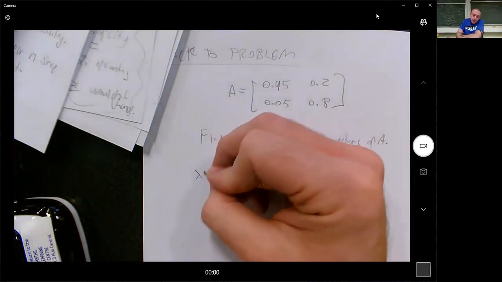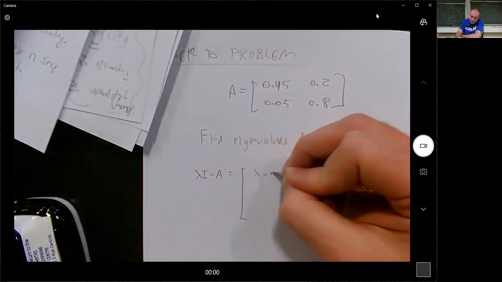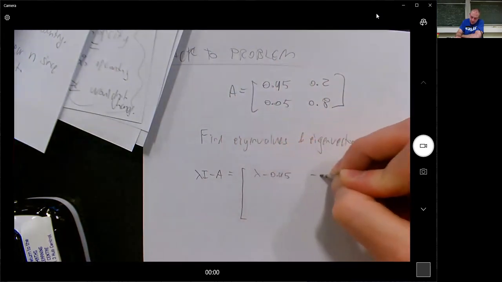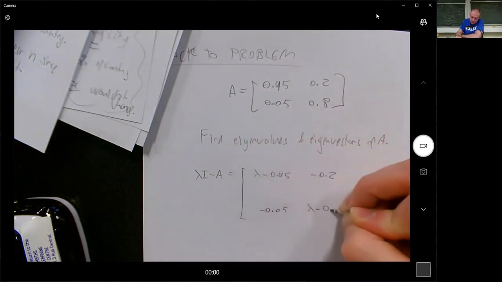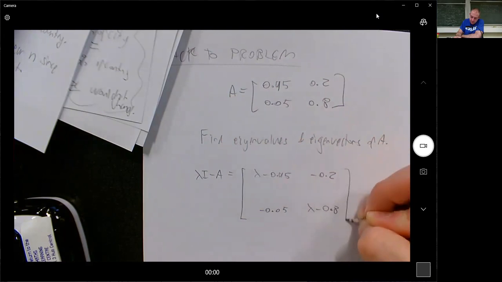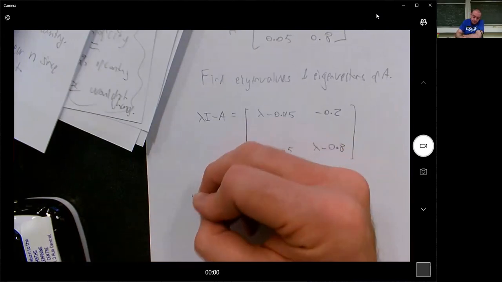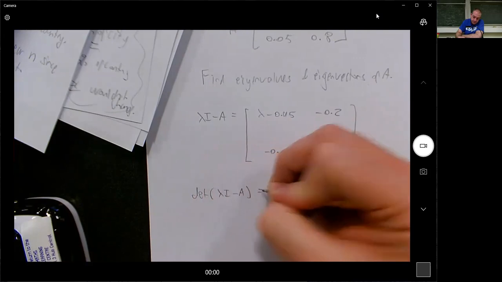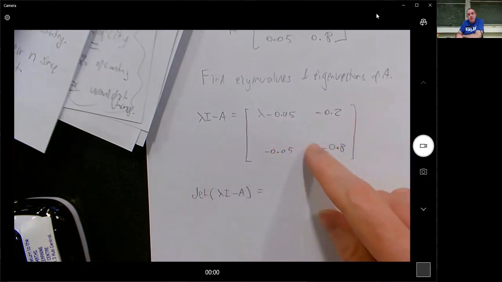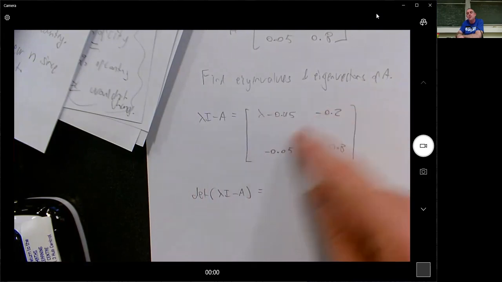So lambda I minus A is this. And I'm going to need to do the determinant of that. And so for a 2 by 2 matrix, the determinant is these two multiplied minus these two multiplied.